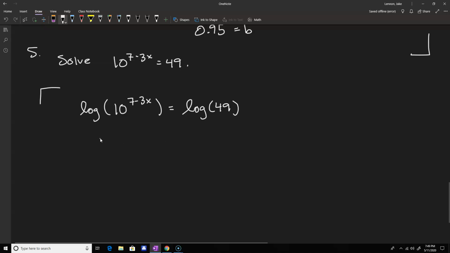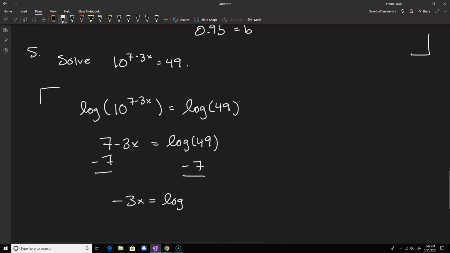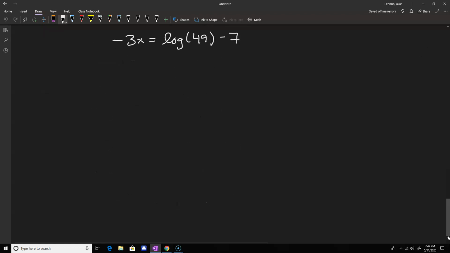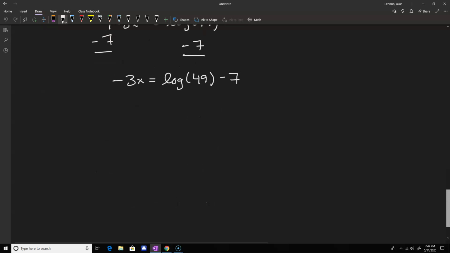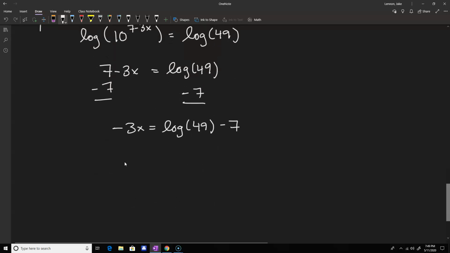So on the left-hand side, they just cancel, so we get 7 minus 3x equals the log of 49. And then we can go ahead and just solve for x. The first thing we want to do is subtract 7. So we have negative 3 times x is equal to the log of 49 minus 7. And then we want to divide by negative 3. And then we can use an approximation in our calculator to figure out about what that value is.